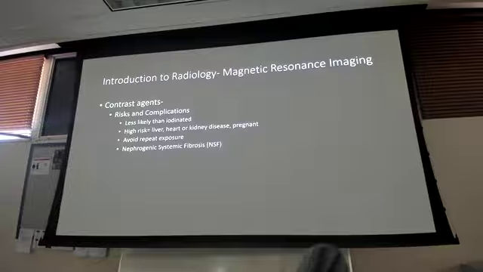But if it's a study that needs contrast in somebody who's pregnant, you should be rethinking whether or not they truly need that contrast. So, no pregnancy, no kidney disease. Nephrogenic systemic fibrosis: don't ever get MRI contrast.